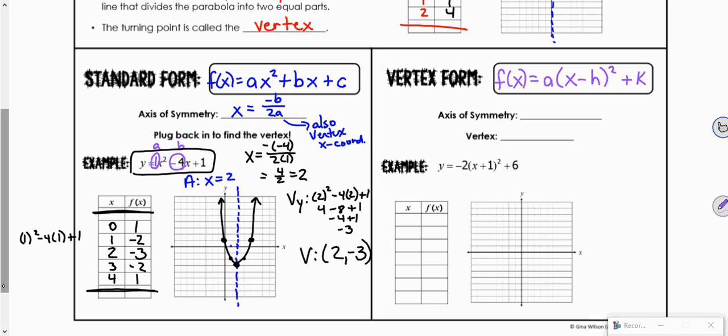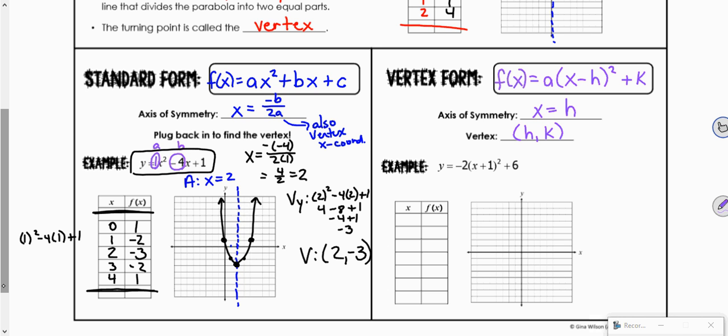The k tells you whether you're shifting up or down. And the a tells you whether you're pointing up or down and how fat or skinny it is, whether you're stretching or compressing vertically. So your axis of symmetry for these is going to be x equals h, and your vertex is going to be h comma k.